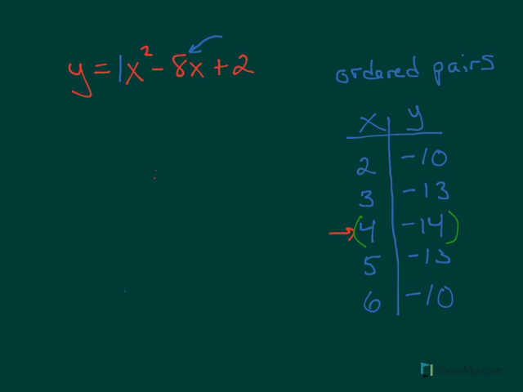So let's go ahead and make an x and a y axis. And I'm going to go kind of high because I have to go into some pretty large negative numbers on the y scale. So let's put our x-axis kind of up here. So this is our horizontal scale, our x-axis, and this is our y-axis.